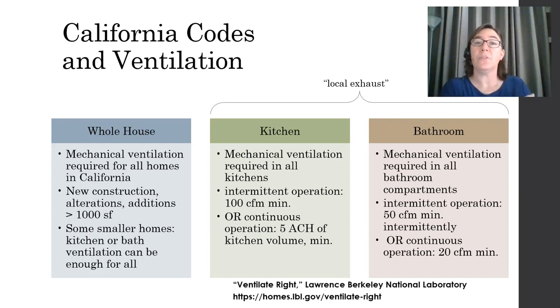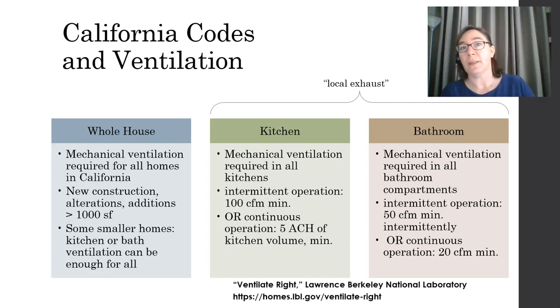New construction, alterations and additions over 1,000 square feet all trigger this requirement. Although when you go through all the calculations of the required size for this ventilation requirement for these smaller homes, a bath exhaust fan, for example, might be enough for the entire house. So this isn't a big deal.